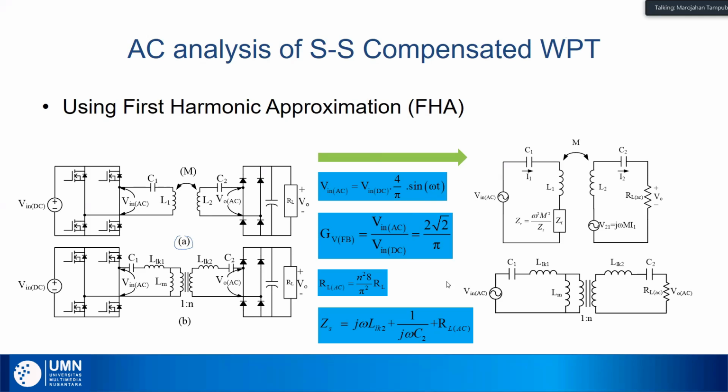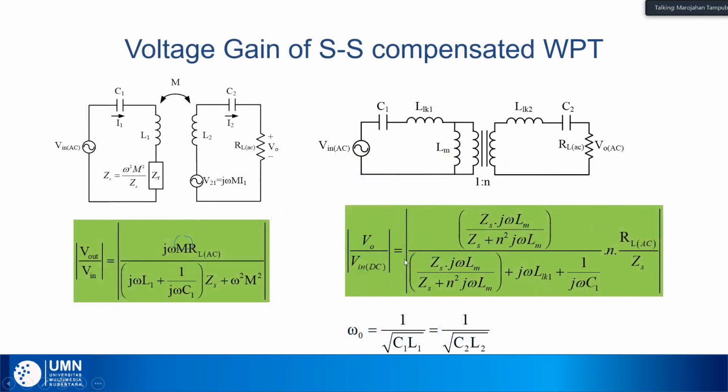Okay, and if we continue with these equations, our goal is to find the voltage gain from the input to the output side. We will have this one, like we model it to be simple here, and at the end we have these equations.